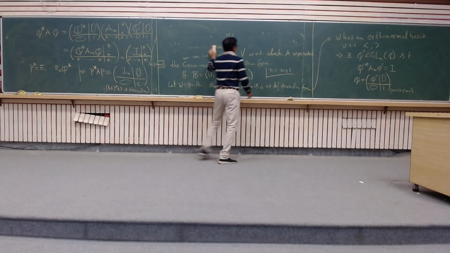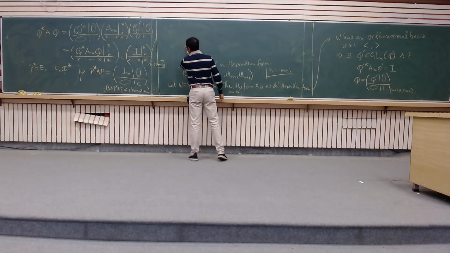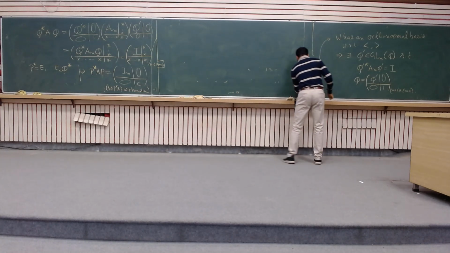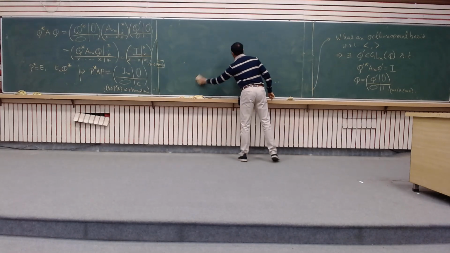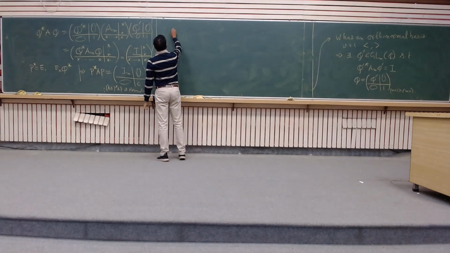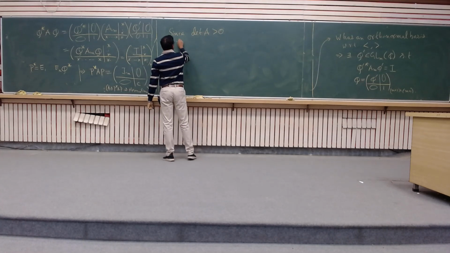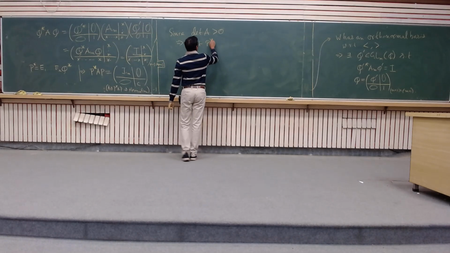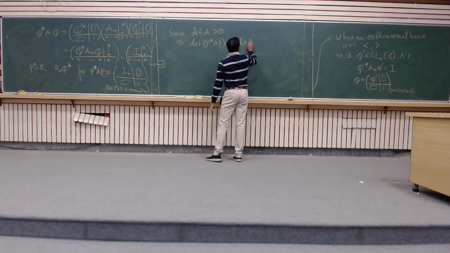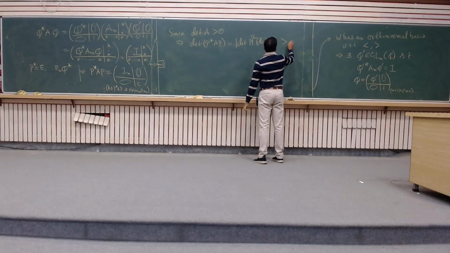Since the determinant of A is greater than 0, that implies the determinant of P star A P is just the determinant of P squared times the determinant of A, which is greater than 0.